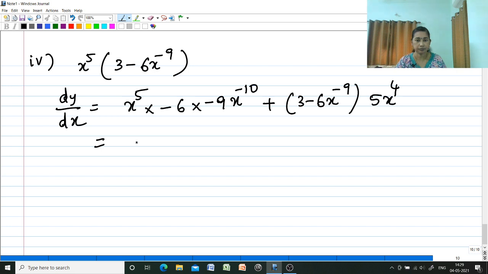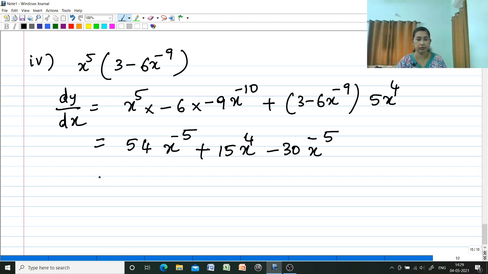That is equal to 54, 6 nines are 54, then x raised to 5 and minus 10, that is minus 5, then plus, you have to multiply this, 15x raised to 4 and here minus 30x raised to minus 5. Then 54x raised to minus 5 and minus 30x raised to minus 5. So the answer here will be 24x raised to minus 5 plus 15x raised to 4.